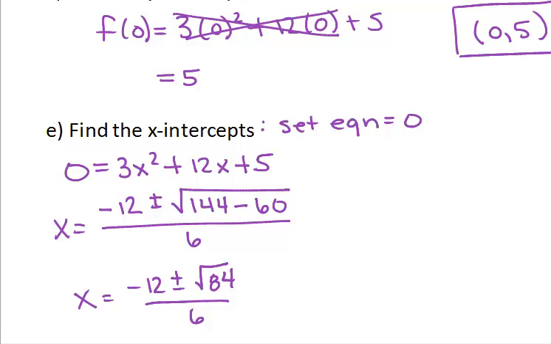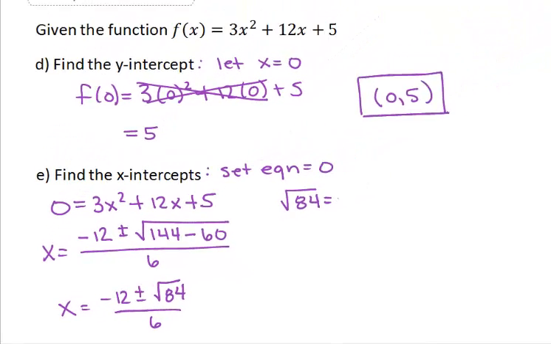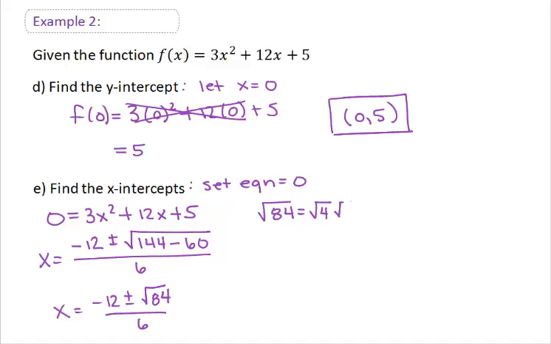And I want to see if my square root of 84 simplifies using my good pi and my bad pi method, and it does. I can divide it by the largest square, which is 4. So that simplifies to give me 2 root 21.